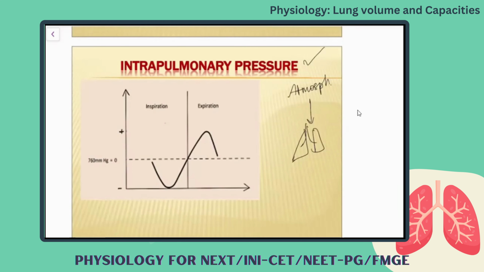Consider the intrapulmonary pressure inside the lungs at the beginning of inspiration, that is at the resting state. 760 mmHg. What is this 760 mmHg? It is the normal atmospheric pressure at sea level. What we are surviving in now, that is the sea level.